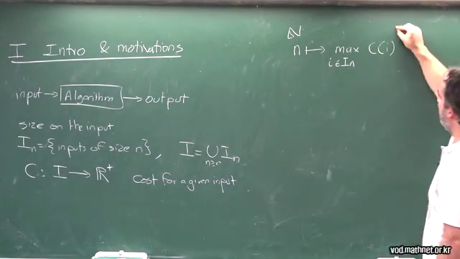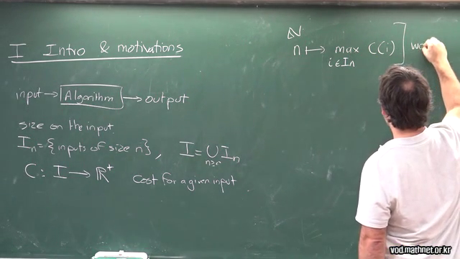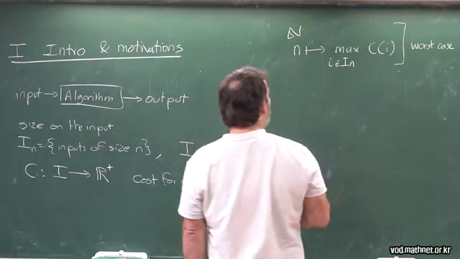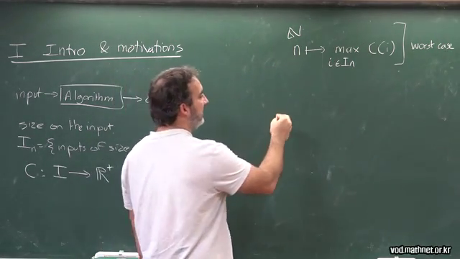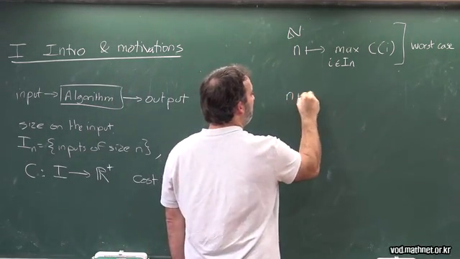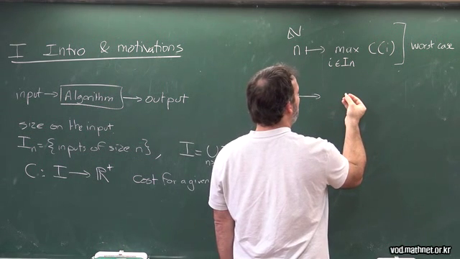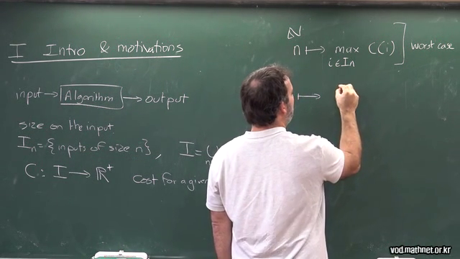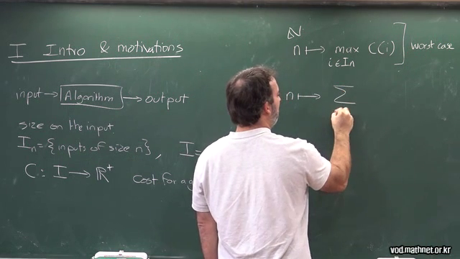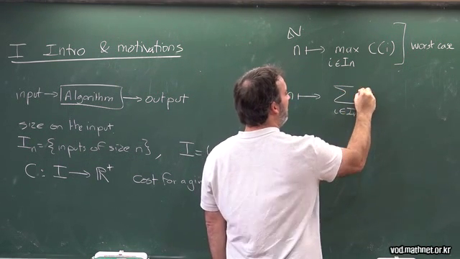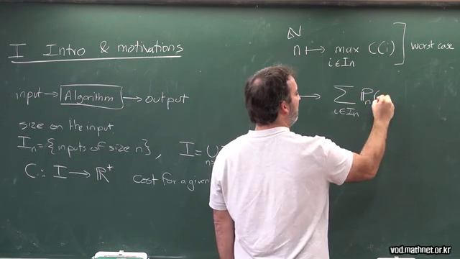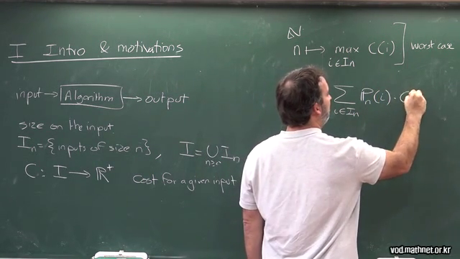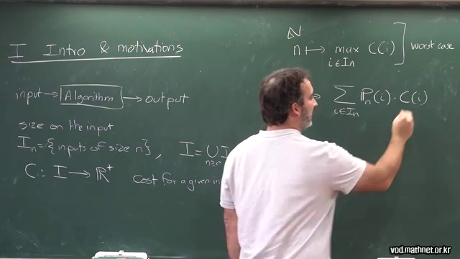So this is the worst case complexity. And you can do other things like the average case complexity. So instead you will study something like the expectation, so the sum over all inputs of size n of some probability measure of I times the cost for I.